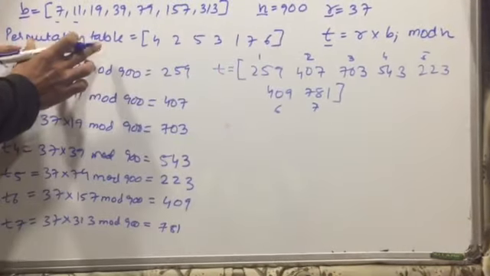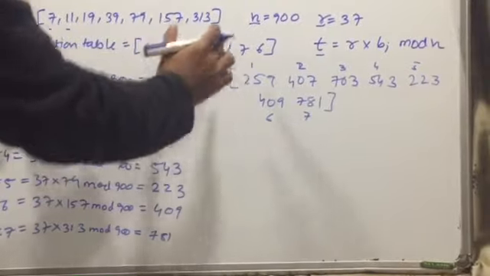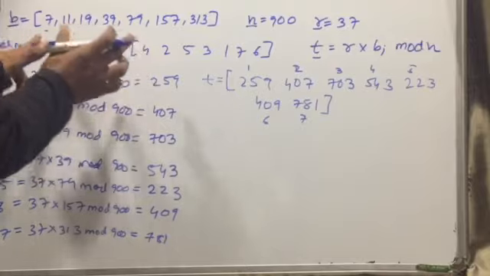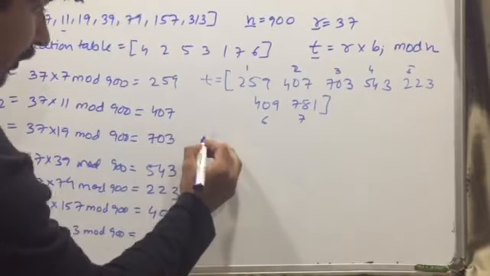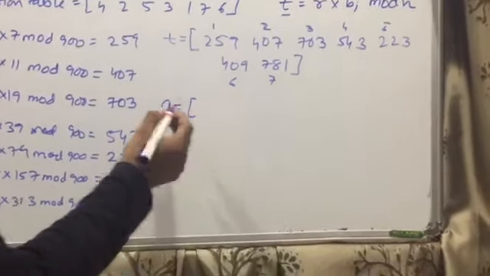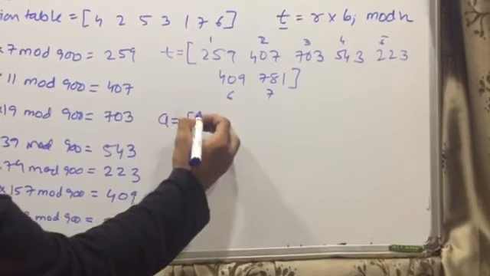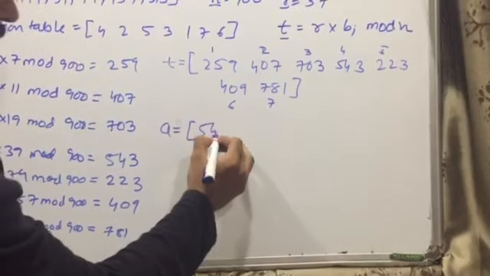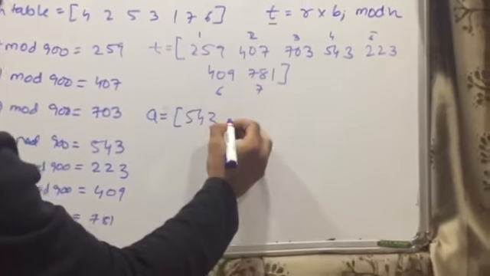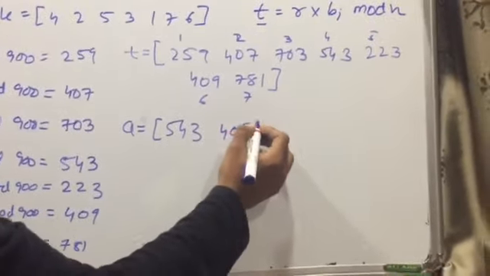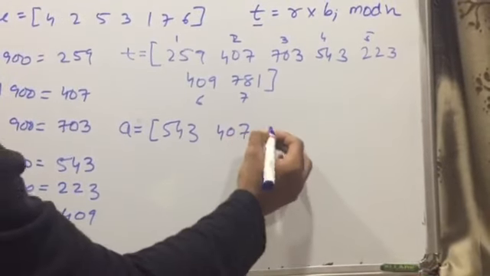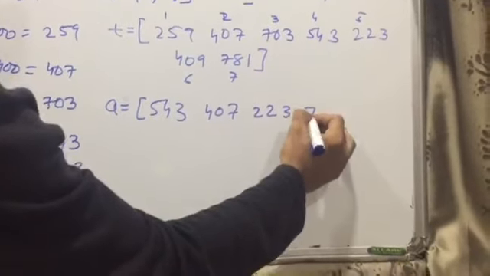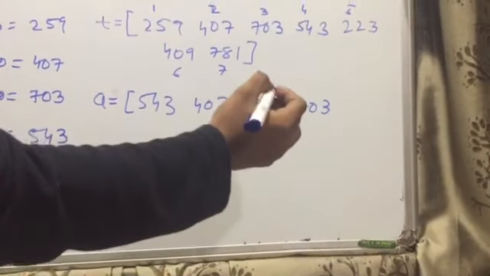Now as you can see this permutation table over here, 4253176, you have to arrange these values in the form of the permutation table, which will be equal to A. You can give any name. So first is 4, which is 543, second is 407, third is 223, third one is 703.